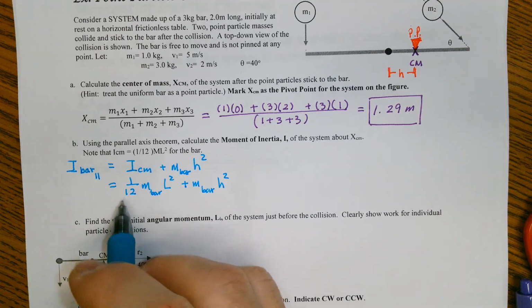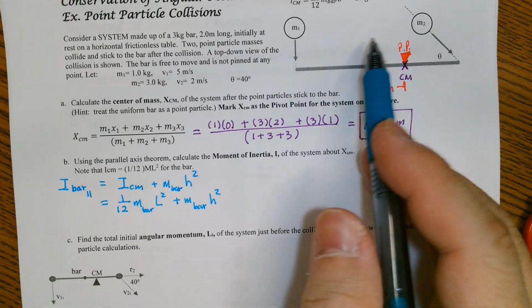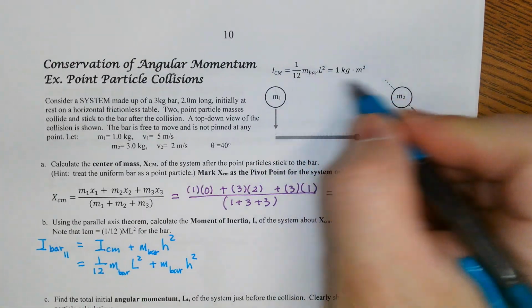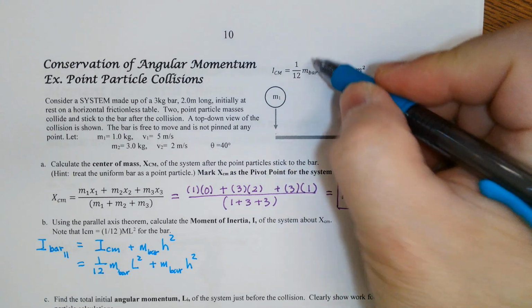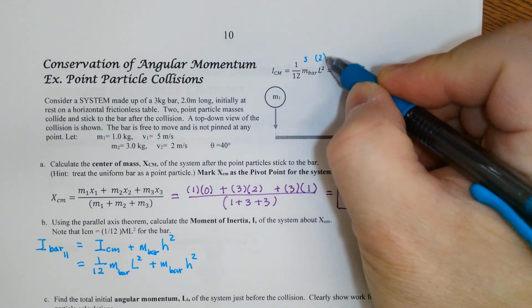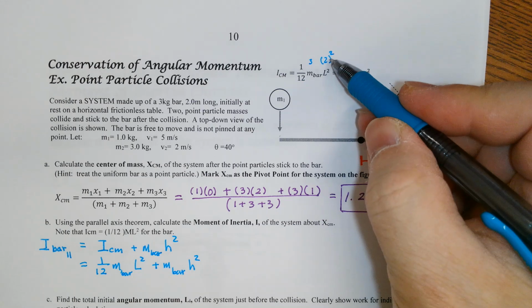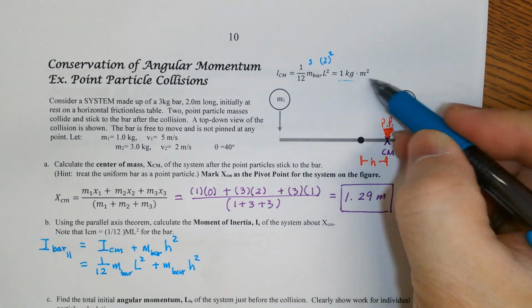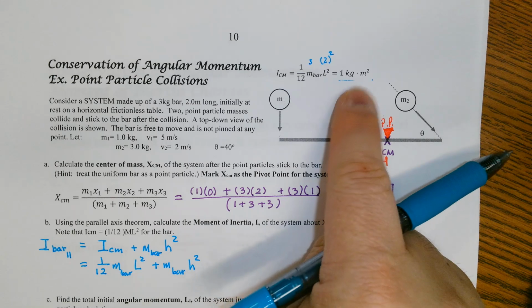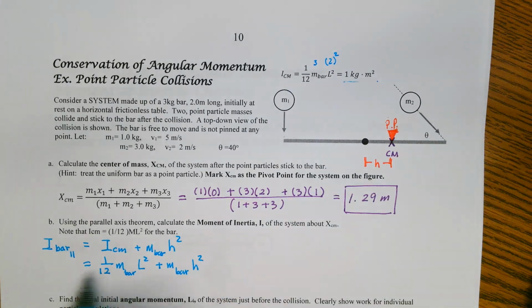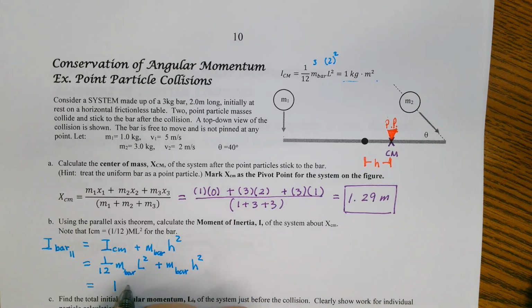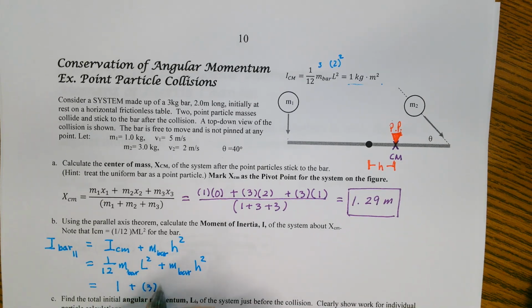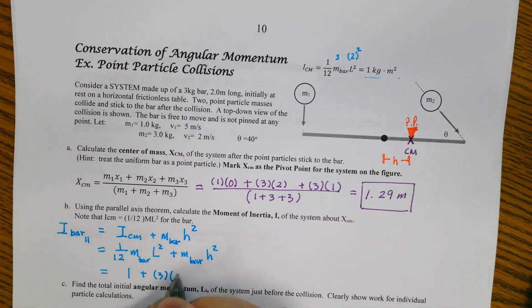I think he already calculated this I sub cm for the bar: if this is 3 and you get 2 squared, so 4 times 3 is 12, you're going to get 1. You see how you got that 1? So this whole thing here is 1, plus 3 times 0.29 squared.